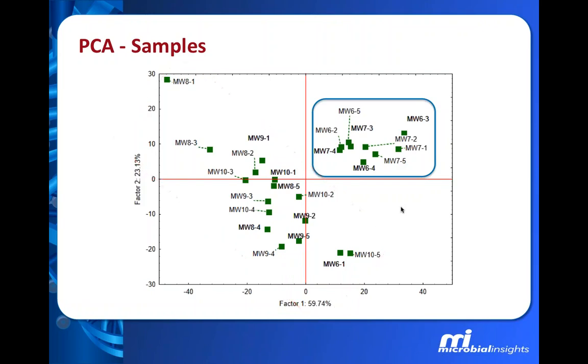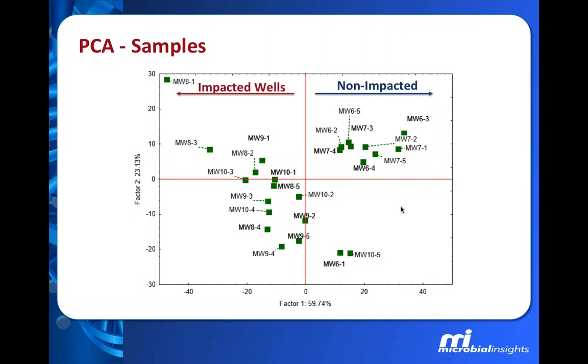So let's start out and focus on the blue box. And you probably couldn't see it in the hierarchical slide, but this group that I've circled in blue is composed entirely of samples from MW6 and MW7. So what makes this interesting is that these groups are from our non-impacted wells.